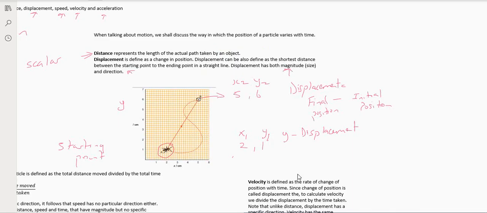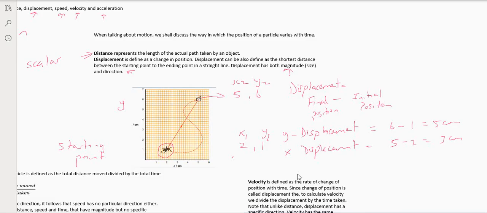So we had said that the y displacement is 6 minus 1, which gives us 5 centimeters, and we said that the x displacement is going to be what was that again? x2 is 5, x1 is 2, so that is going to be 3 centimeters.